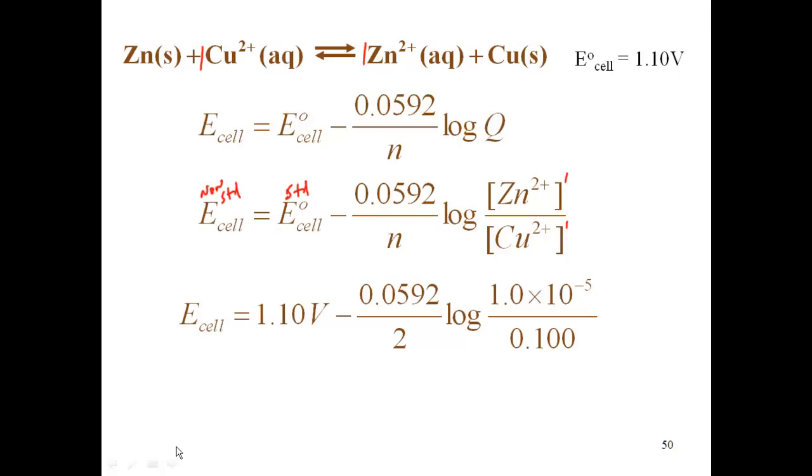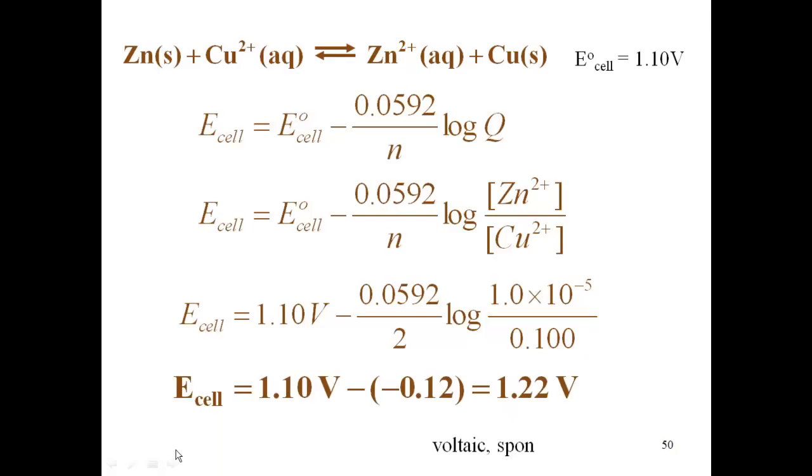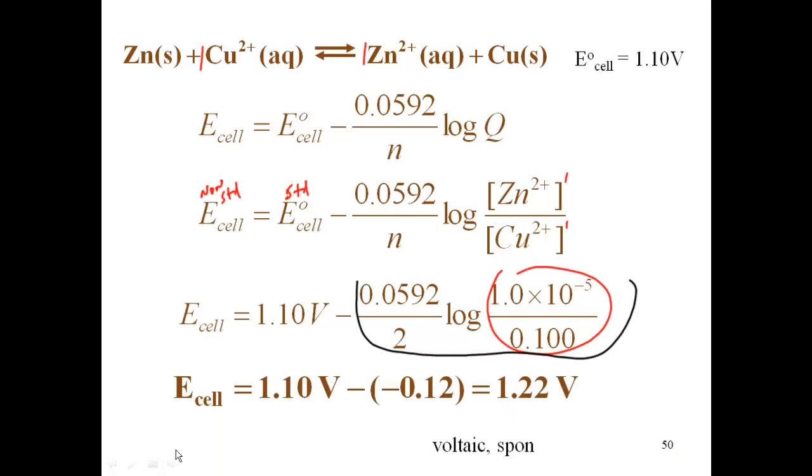Now mathematically, I have to figure out the numeric value from that division, take the log of that number, and multiply by 0.0592 divided by 2. If I do all that, then this whole numeric value is equivalent to negative 0.12, and that's volts.